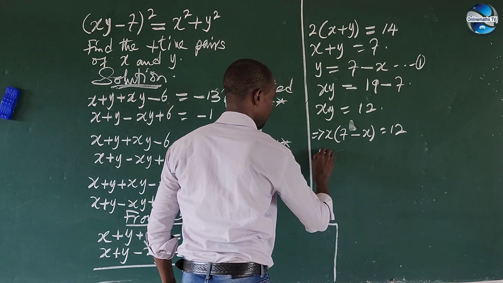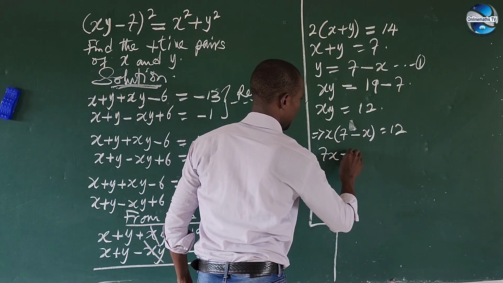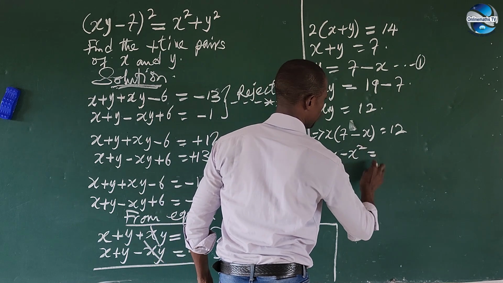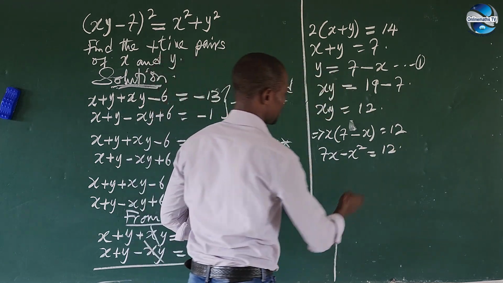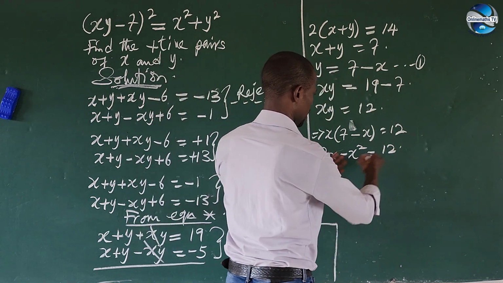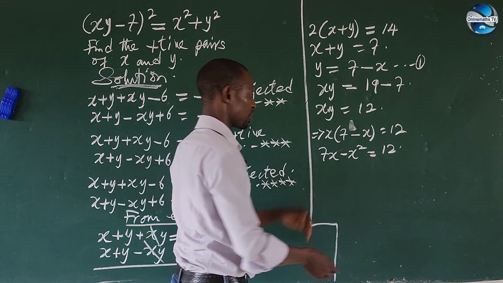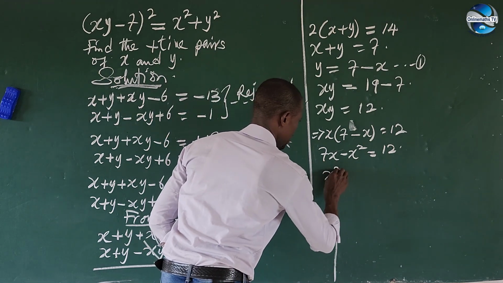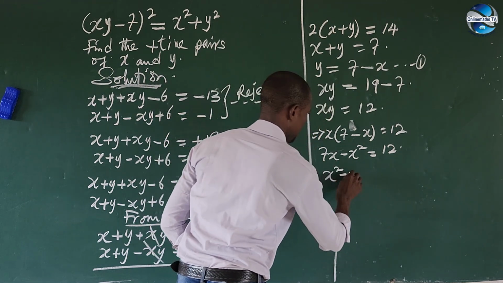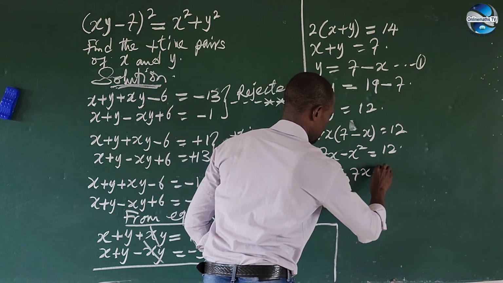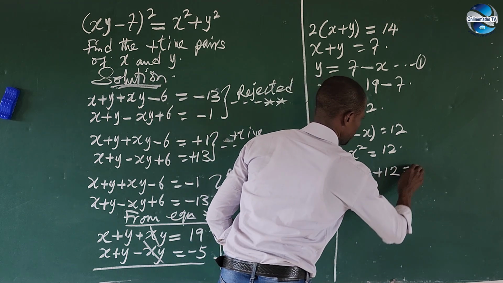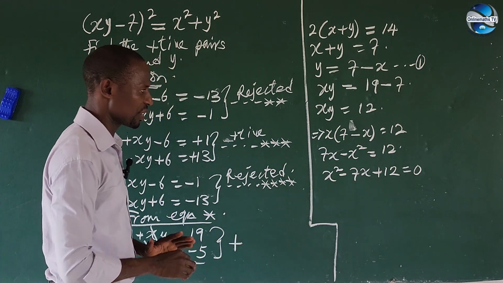So if we open up, we're going to have here 7x minus x squared equal to 12. Collect your terms. Let us multiply by minus here. So this is going to give us x squared, then minus 7x, then plus 12 equal to 0. I believe we are not confused here.